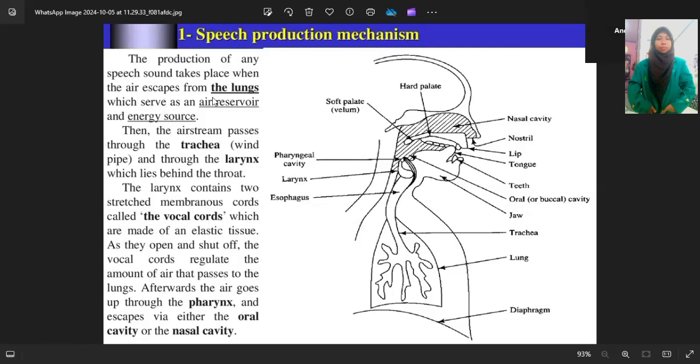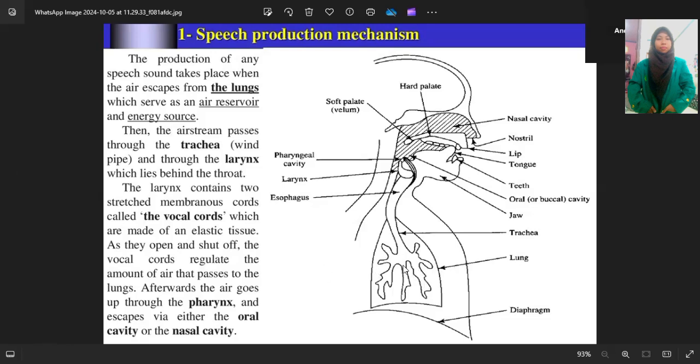You can look at here how the mechanism of pulmonic imitation works. The first is that the air for the sound comes from the lungs.